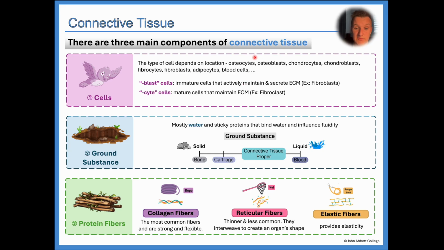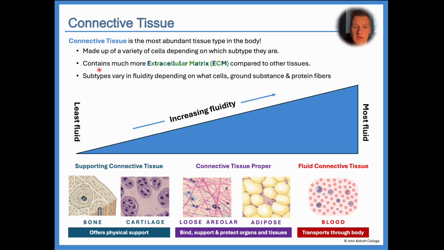Osteoblasts and osteocytes if it's bone, chondroblasts and chondrocytes if it's cartilage, on and on. This is what I was talking about: it contains much more extracellular matrix compared to other tissues. This is what defines a connective tissue, that it has a lot of ECM. Epithelium, muscle, and nervous tissue don't have much ECM. And subtypes of tissue, right?